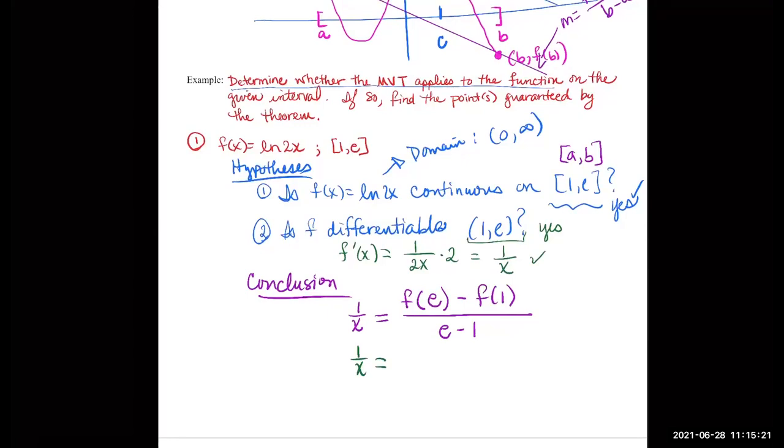Okay, so to find f of e, remember this is our function. So f of e would be the natural log of 2e minus f of 1, and what is the natural log of 1?